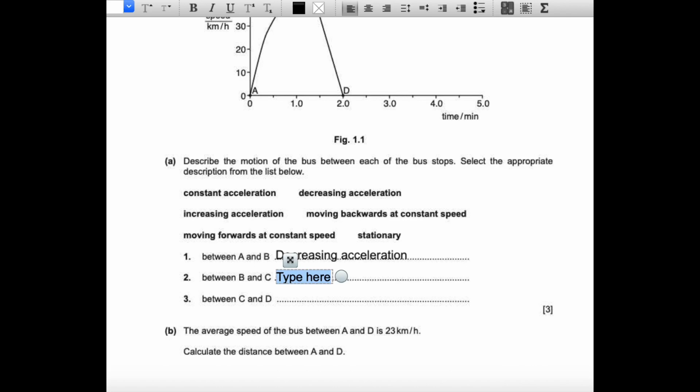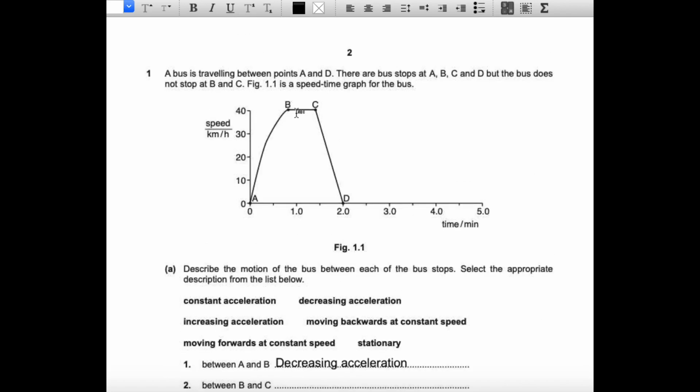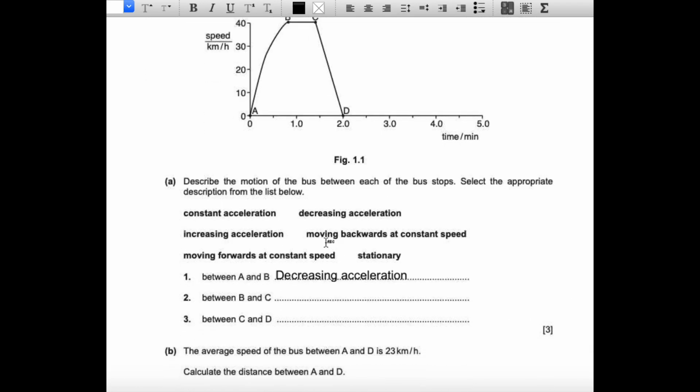Between B and C, we have a straight flat line, parallel to the x-axis. This means that the speed does not change. The speed is constant. So if you look at the choices, we have moving backwards at constant speed and moving forwards at constant speed.